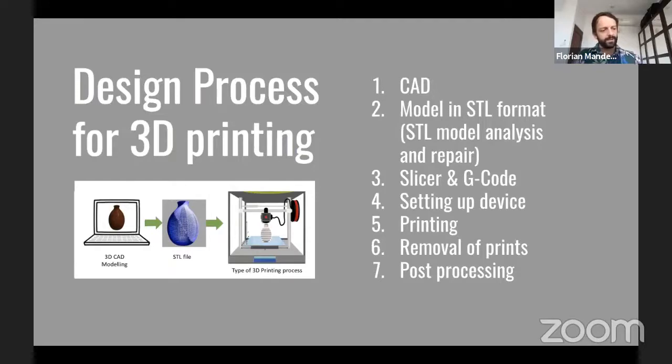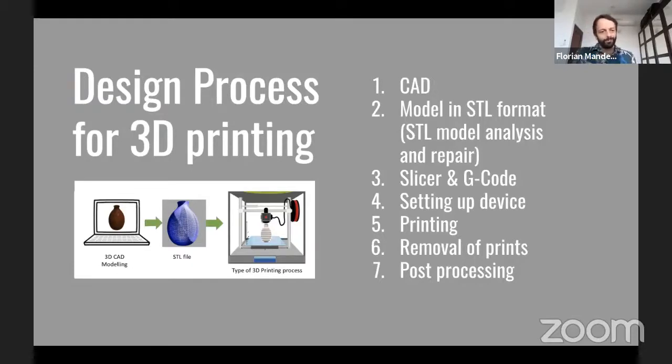STL is standard tessellation layering format. That just means you break a 3D object down into small triangles to create a closed shape, and that is the file format you use for a printer software. So it's something like a printer driver, but it's more visual.